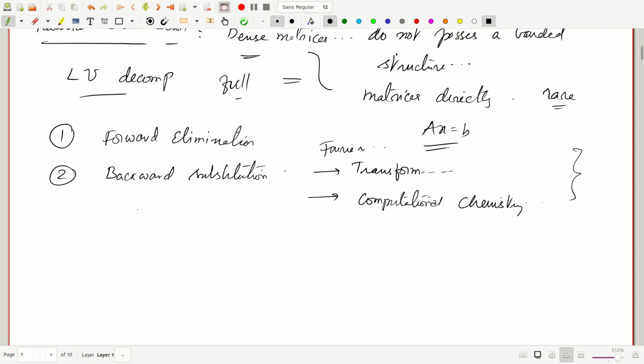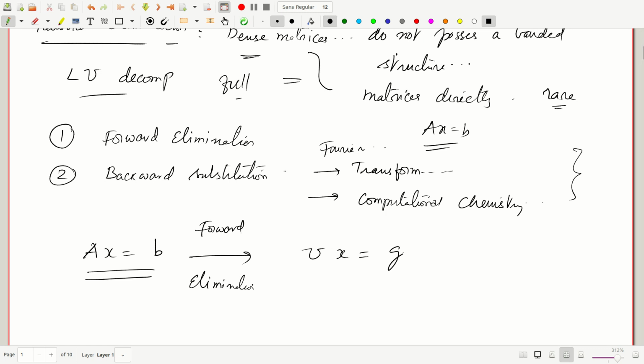Okay, so that means we have two steps in Gaussian elimination, which are basically the forward elimination and the backward substitution. So what does the forward elimination do? Forward elimination will basically take Ax equal to B, and using elimination steps, it's going to convert this matrix system into Ux equals G, where U is the upper triangular matrix and G is the new right hand side vector.